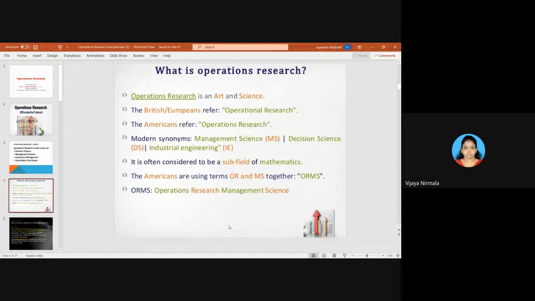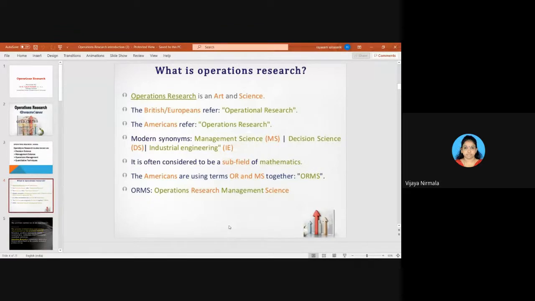The Britishers or the Europeans refer to operations research as operational research, and Americans refer to it as operations research, and we also follow the same.